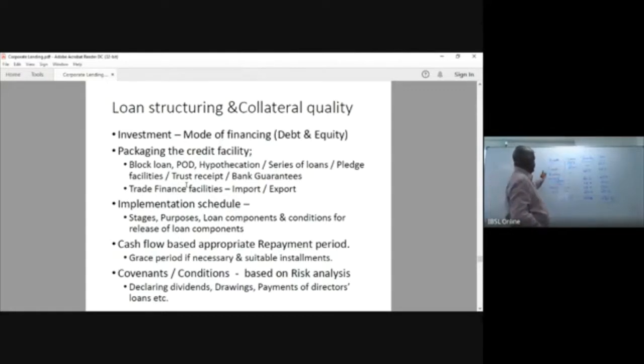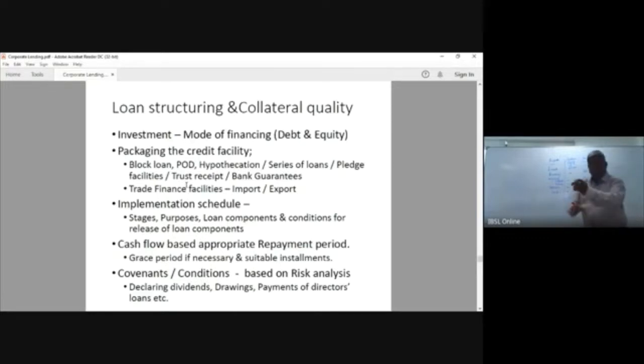Then buildings are there. For the buildings, what type of loan facility can the bank grant? Generally, it should be a long-term loan facility, depending on the cash flow.